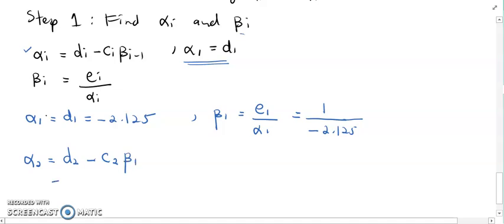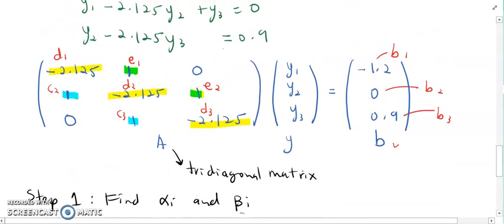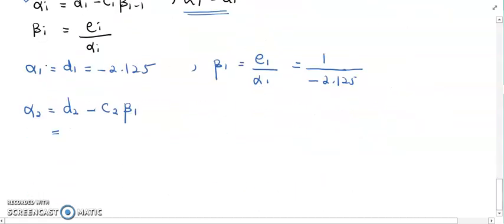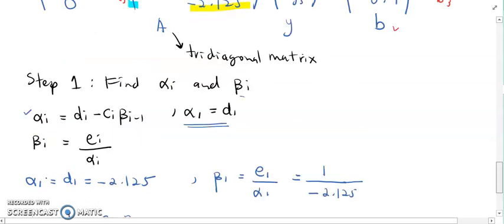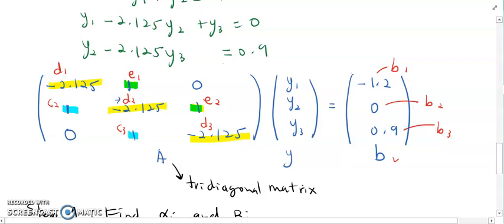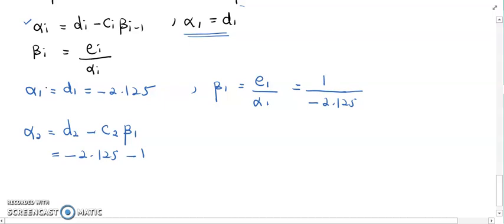D2 is negative 2.125, so negative 2.125 minus C2, which is 1, times beta 1, which is 1 over negative 2.125.